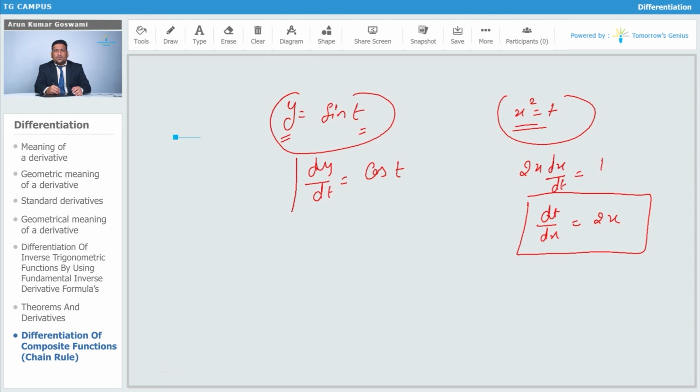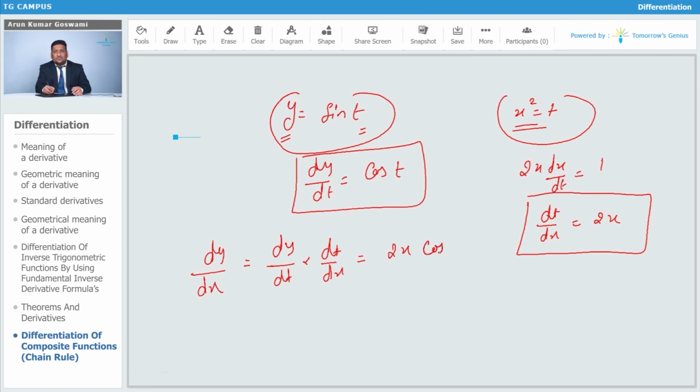Now I need dy by dx. As I know, if I take the product of these two, dy by dt and dt by dx, probably you got my point that the dt will be cancelled out, and I'm going to get the answer 2x cos of t.